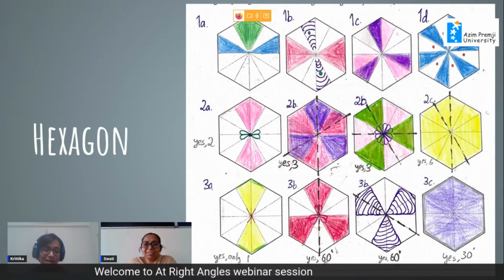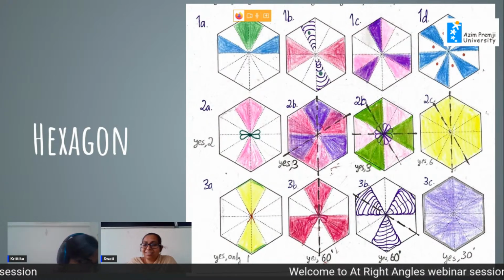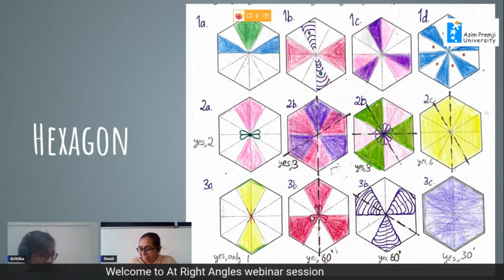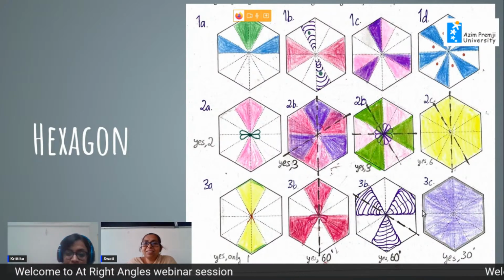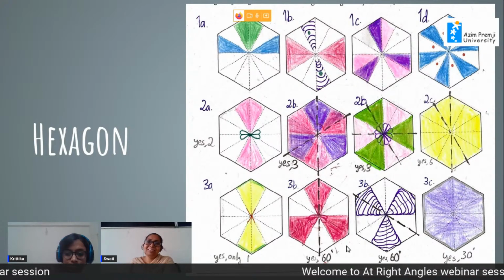And then 3B is a line of symmetry and rotational symmetry of order 3. So again this order 3 and a line of symmetry. And the third one is what if a different type of line of symmetry is selected.